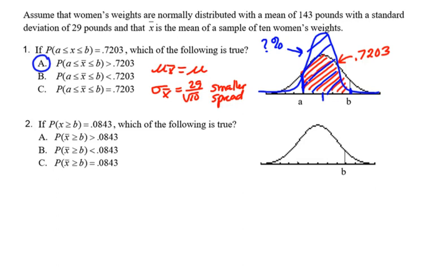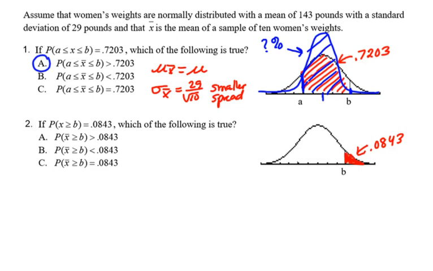Okay, now second question. Right now we have that the probability that X is greater than B, in other words that it fits in this little area, is 0.0843. Now what we want to know is whether the probability that X bar is greater than B is less than, greater than, or equal to 8%.